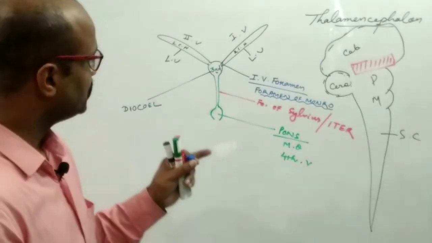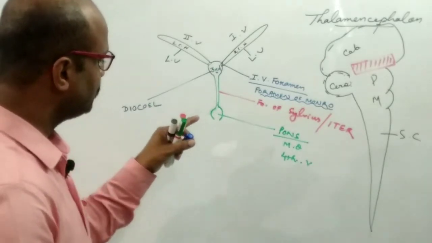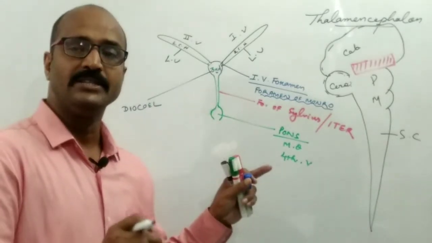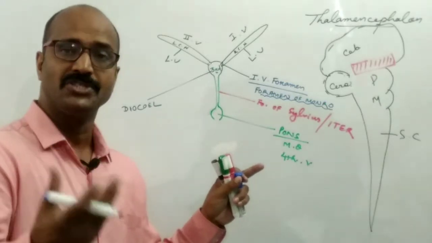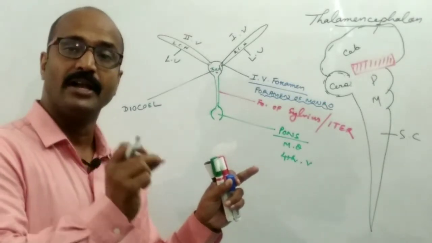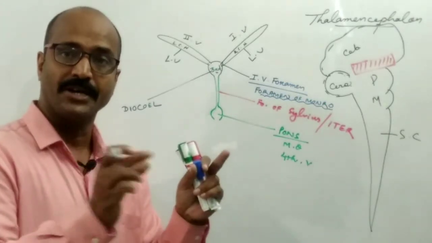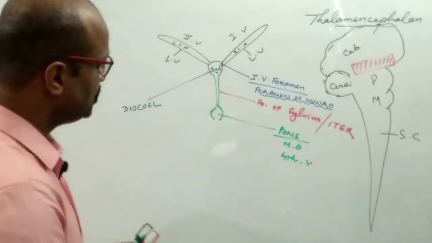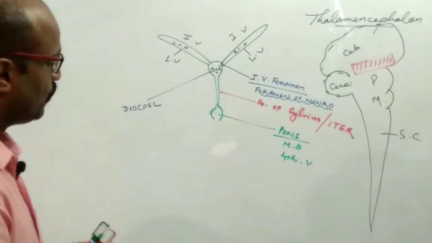The foramen ovale: in the embryonic condition, the right atrium and the left atrium of the heart are connected through an opening known as the foramen ovale.